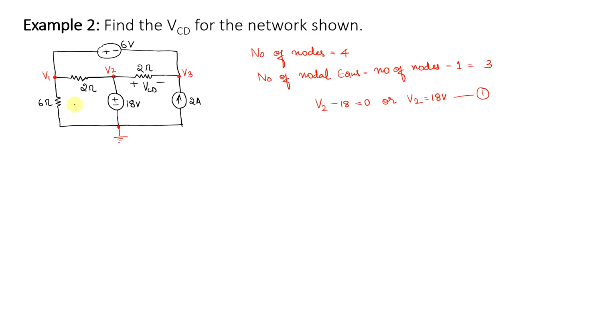Then V1 is an active node, V3 is an active node. Between V1 and V3 you have a voltage source, so this comes to a supernode case. Let me mark the boundary first.